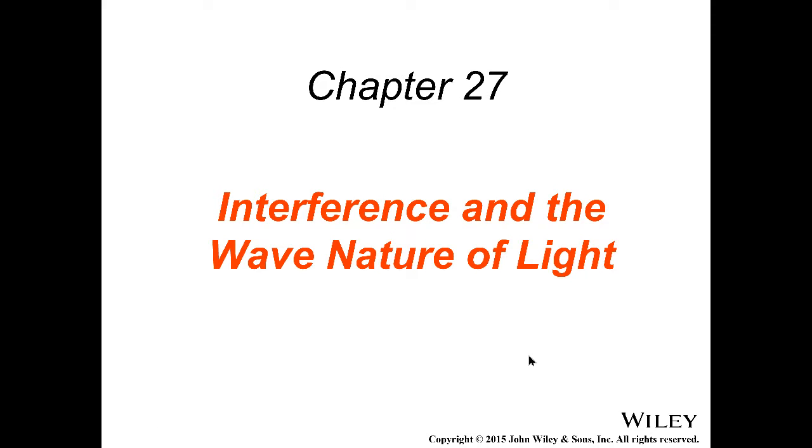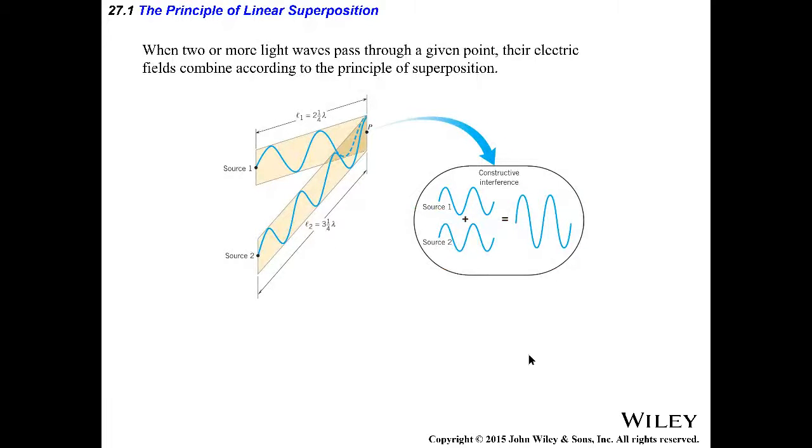Now, here there are some very interesting concepts and principles of physics behind it. And so we will spend a little more time than just the fun we had in chapter 26. Well, first thing we need to remind ourselves is that if you have two waves that come and pass through a certain point, they meet.